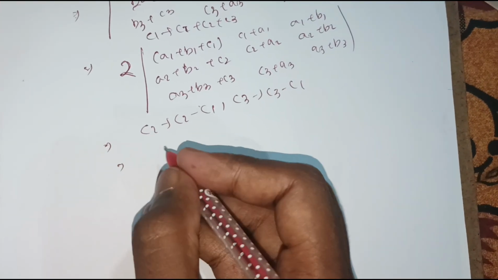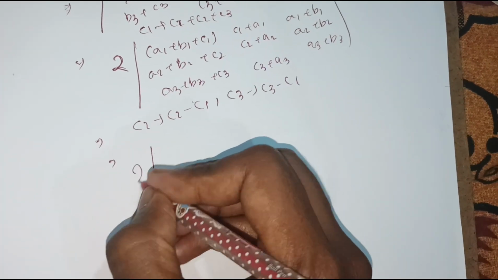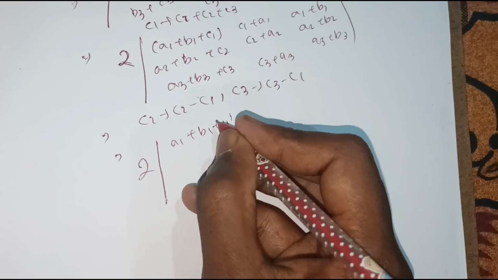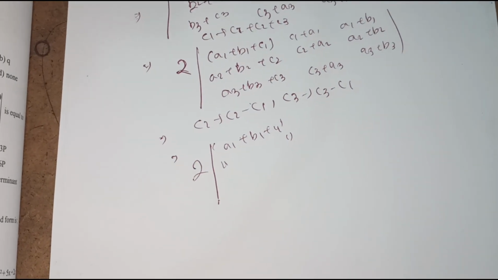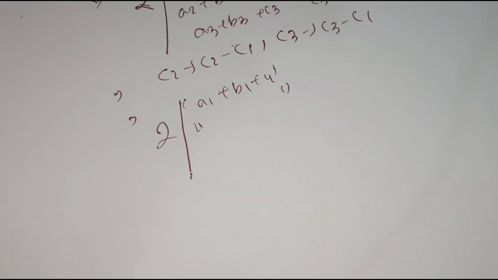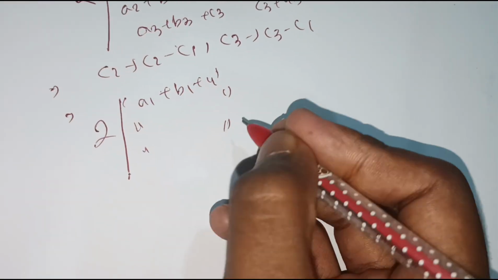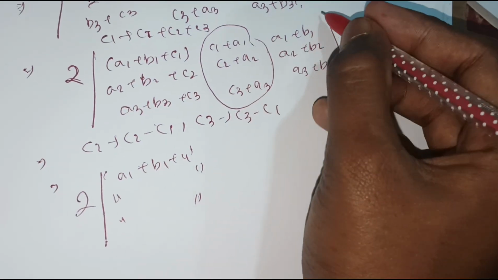Here we'll get the answer, which will be the same, 2 into a1 plus b1 plus c1. I'm not writing it out and am keeping it as it is, so that you will understand easily and it won't be a lengthy video. So the change will be here and here.